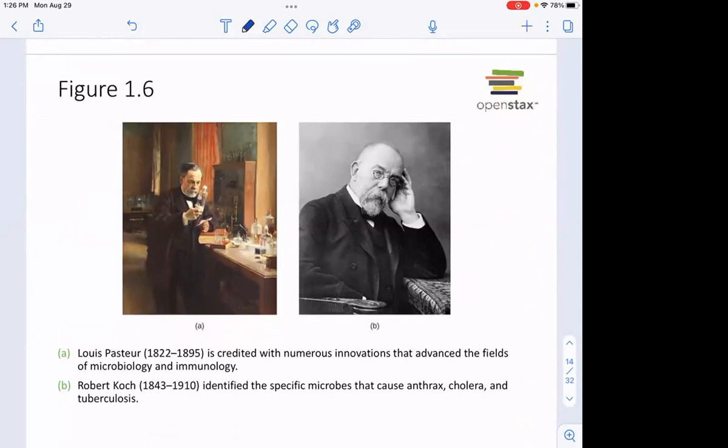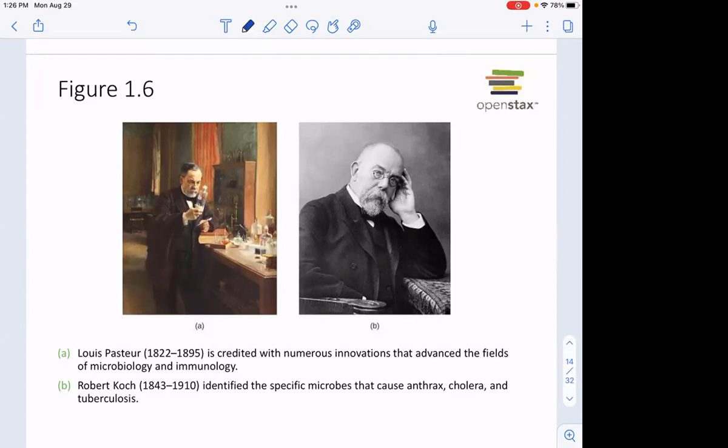Okay, so now we're going to jump ahead maybe 100 years to what's considered the golden age of microbiology. So if we say from about 1850 to 1910, we consider that an era where lots of advances were happening really rapidly in microbiology. Two people that we give a lot of credit to are Louis Pasteur and Robert Koch.